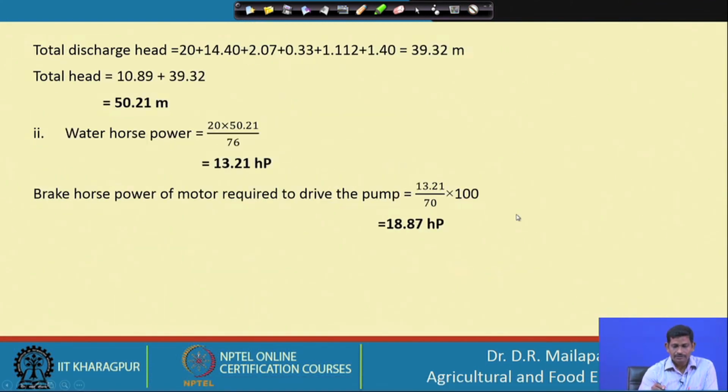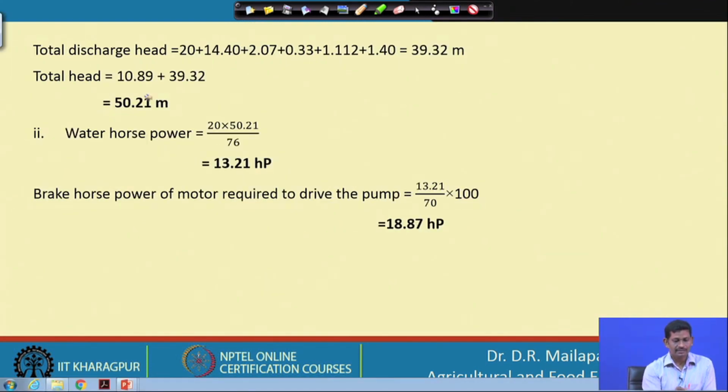In the case of discharge head, the total will be: this is the length of the discharge line, and 14.40 is the friction in that line, and 2.07 is for the bends, and then this is the reflex valve and other bends. Okay. So, all together it will be 39.32.